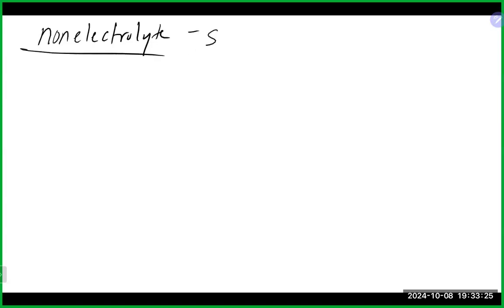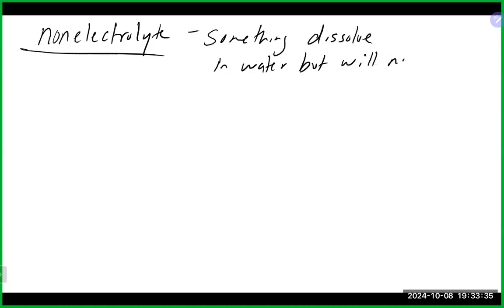Now, the last type of electrolyte, which is technically a non-electrolyte, is something that will dissolve in water but will not produce ions.